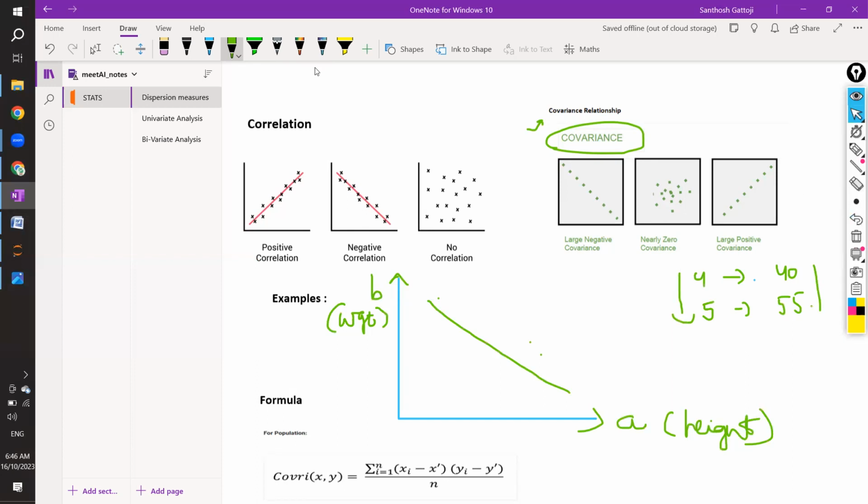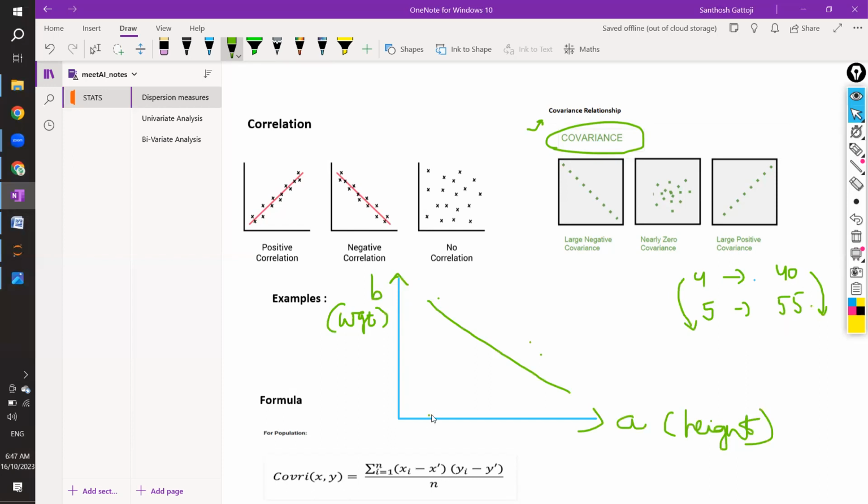From 4 to 5 it is increasing, and from 40 to 55 it is increasing. As the height keeps on increasing, weight also keeps on increasing generally, guys.